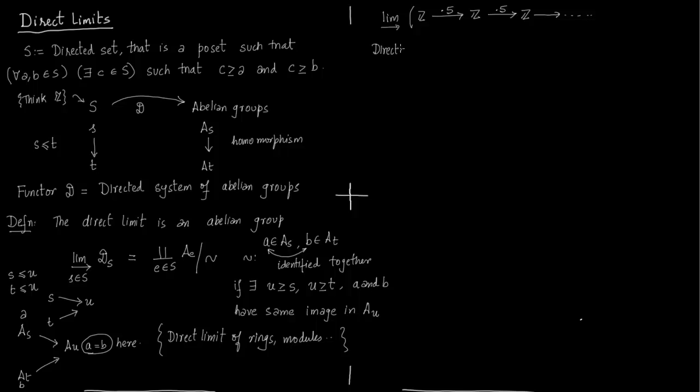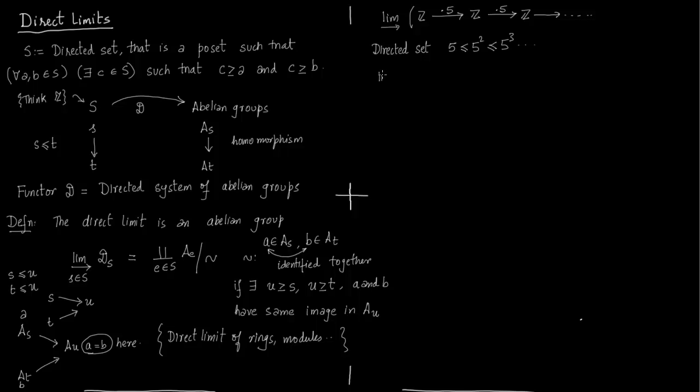So first thing is you want to find what is the directed set involved, and then you can talk about how the abelian groups actually look like. So directed set is 5 less than or equal to 5 square, which is less than or equal to 5 cube, and so on. So this is the directed set involved.